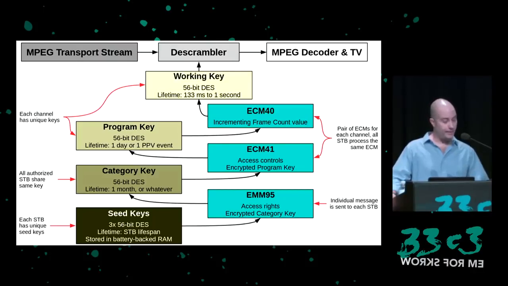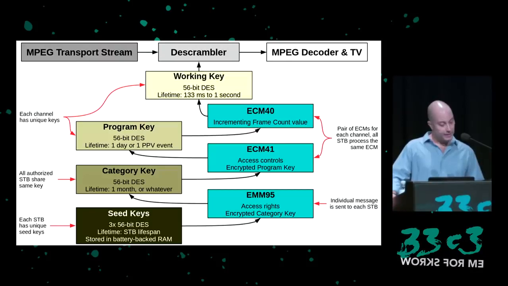The category key, also DES, is shared by all the set-top boxes that are authorized for any channel from this provider. The category key is sent to each set-top box individually inside the EMM95 message, and this category key typically changes monthly, but many cable operators change keys much less frequently, some of them using the same key for years at a time.